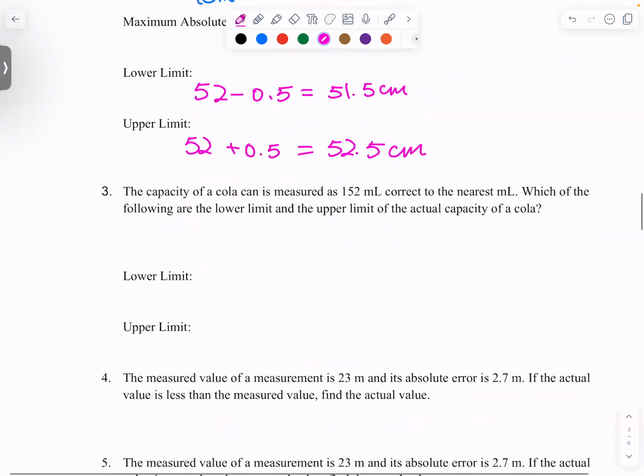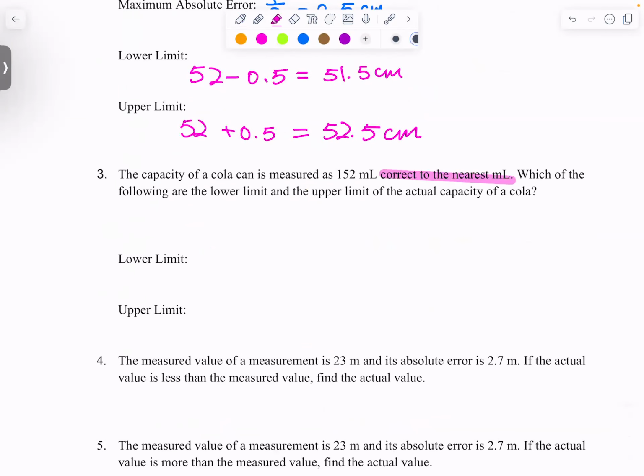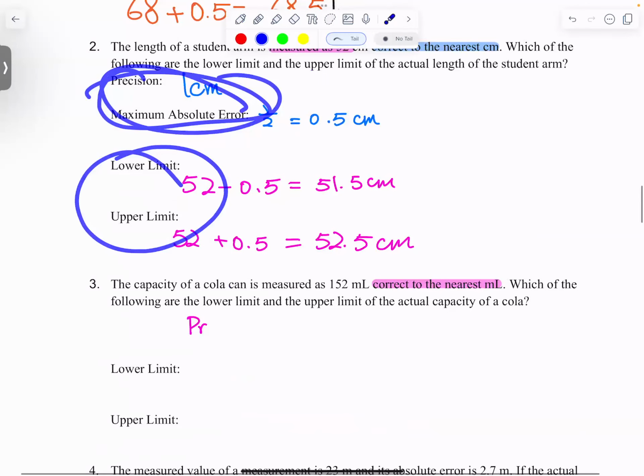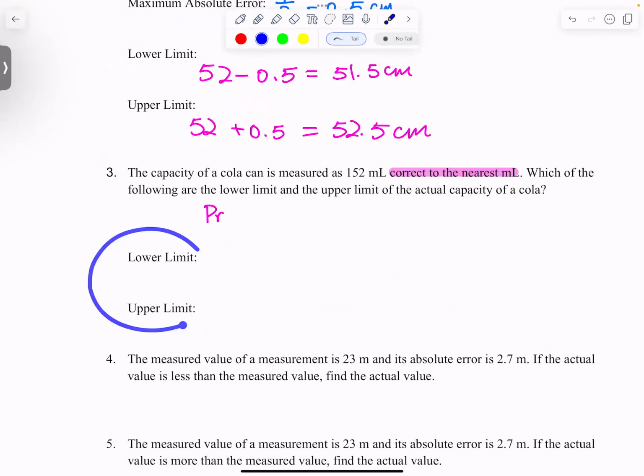Too easy, right? Then let's continue. Question 3. Correct to something ml. So what's your precision first? This time the question only gives you this, right? But you still need to find the precision on your own, because if you don't have that, how would you know the next two? And the exam is also like that. You're just given this. So you find your precision first, 1 ml.